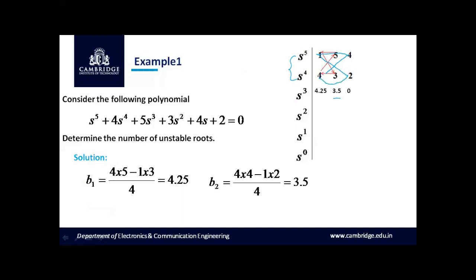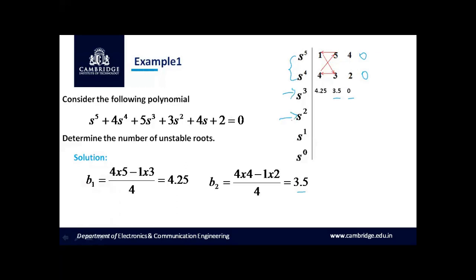Hence, we can obtain 4 fours are 16 minus 2 divided by 4, which is equal to 3.5. I have filled up the third row second element. Similarly, third row third element will be equal to 0. If we trace the pattern, 4 into 0 minus 1 into 0 divided by 4, we get 0. Hence, we have done with the third row.